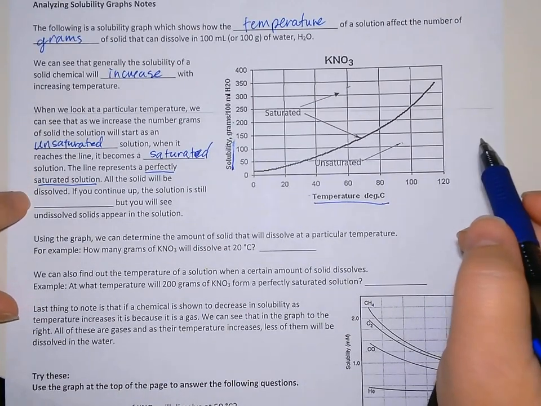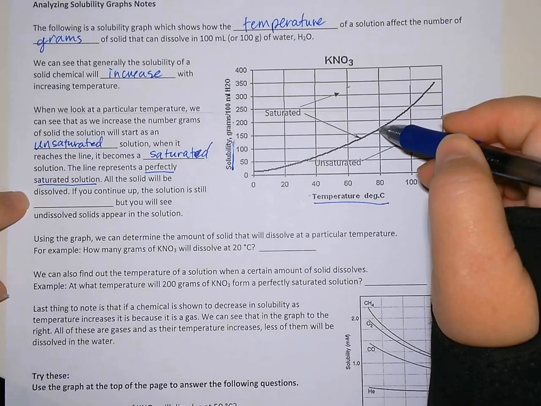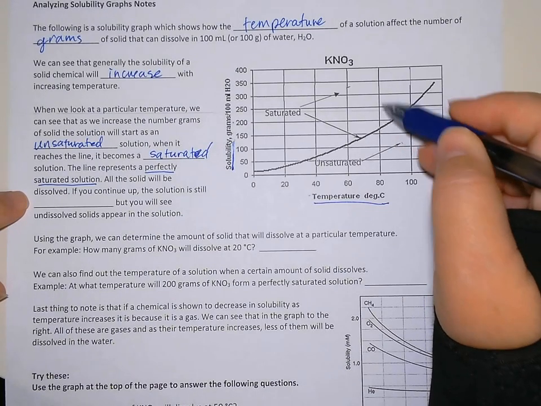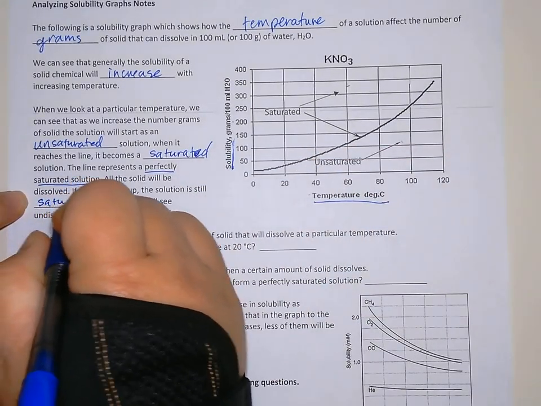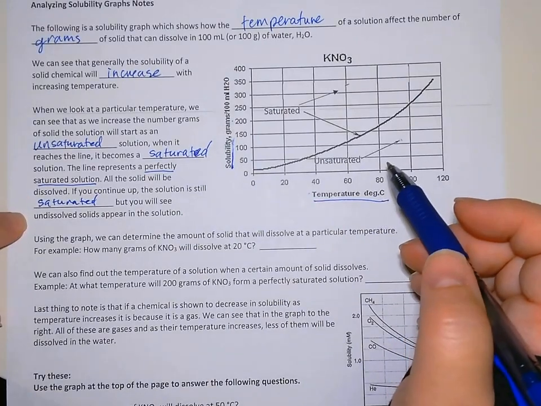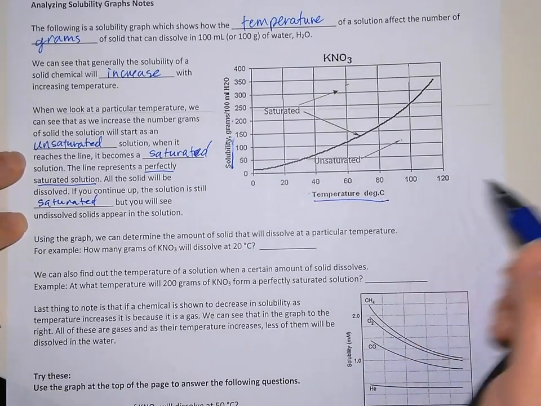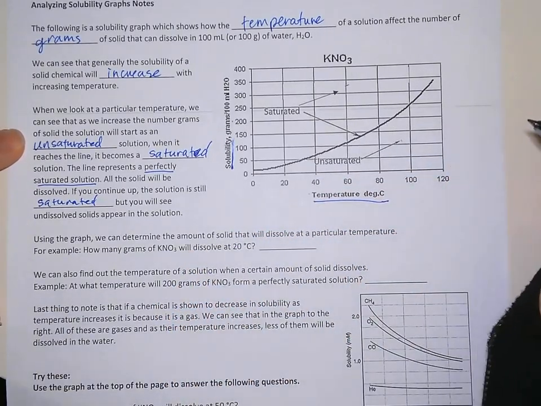All the solid will be dissolved. Okay, so everything will dissolve, but you can't dissolve anymore. If we were to continue up on the graph, the solution is still saturated, but you will see undissolved solids appear in the solution. So underneath, when it's unsaturated, everything dissolves.